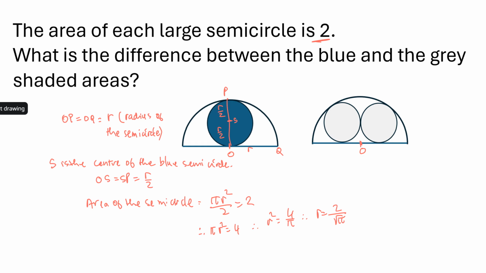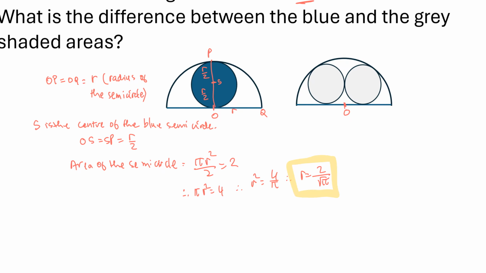So this is the radius of the large semicircle, and also this way we can find the area of the blue circle. So we can now work out the area of the blue circle.